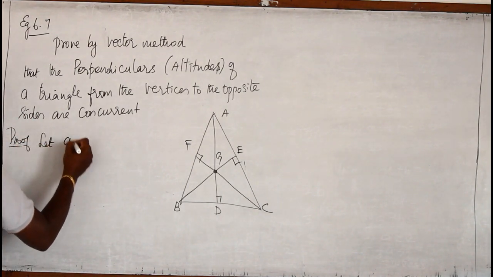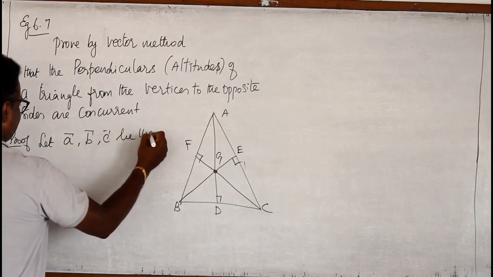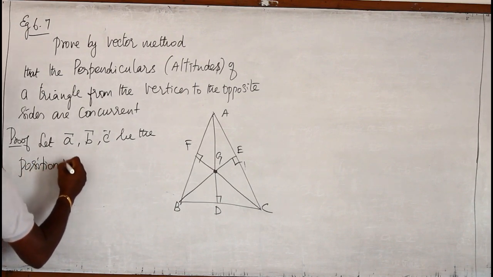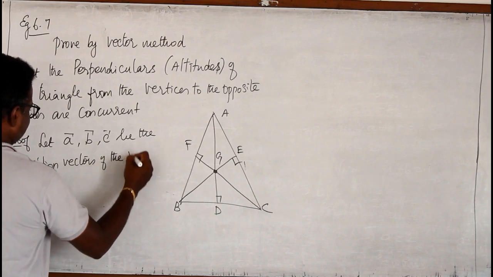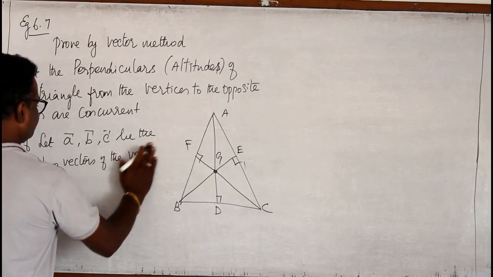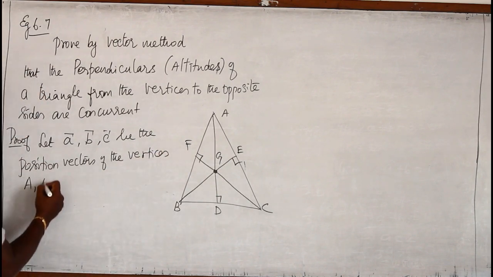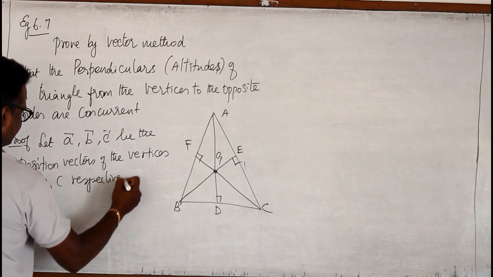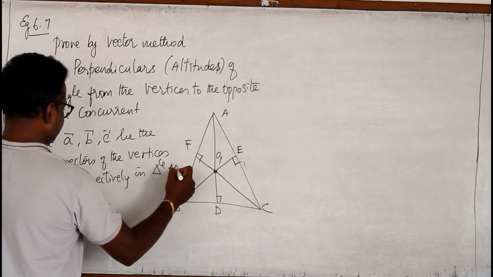Let A vector, B vector, C vector be the position vectors of the vertices A, B, C respectively in triangle ABC.